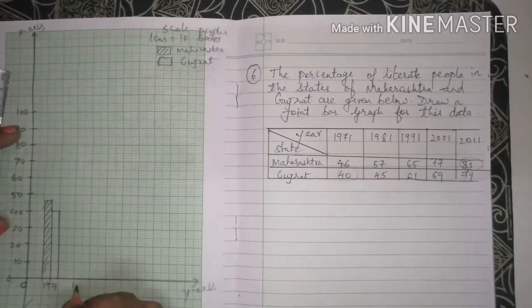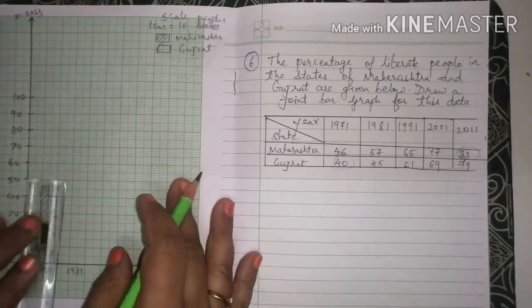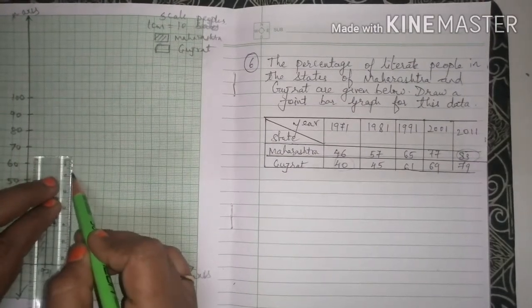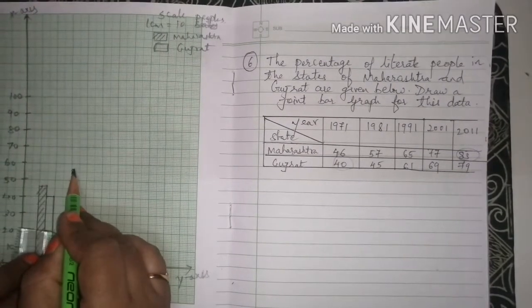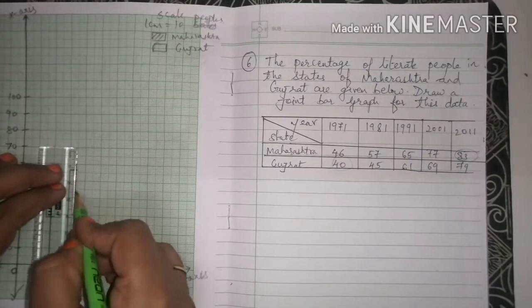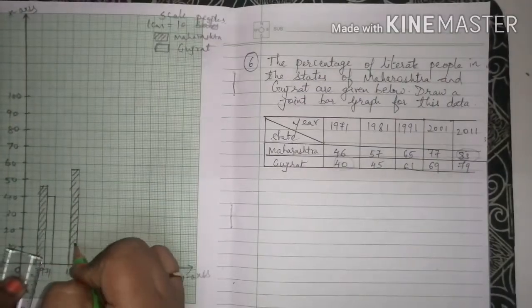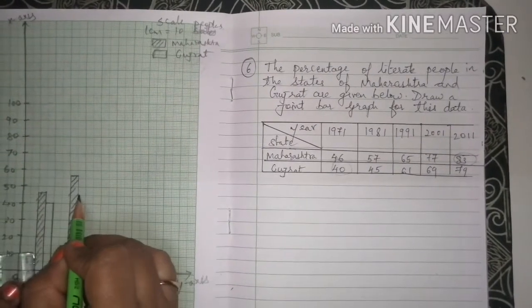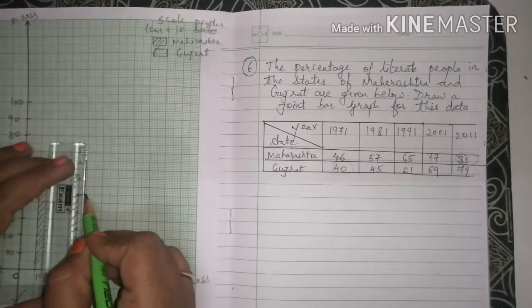Now year 1981, 57 in Maharashtra. So above 57 lines. This one is Maharashtra. Then 45. So here it is exactly fifth line above 40, that is 45.